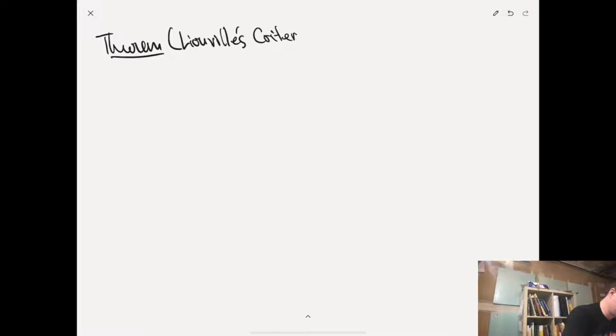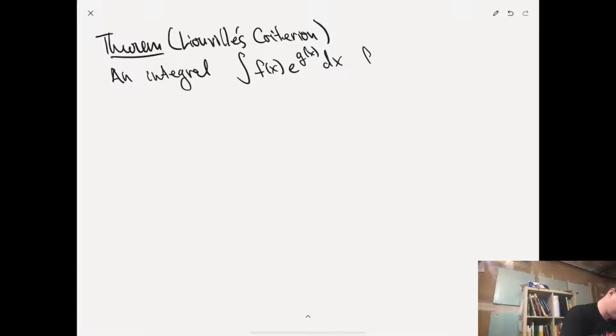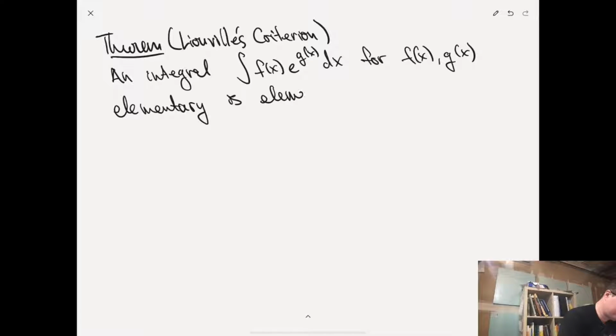Criterion for integrability: an integral of f of x e to the g of x dx, for f of x and g of x elementary, is itself elementary, meaning that it can be expressed in terms of basic functions.